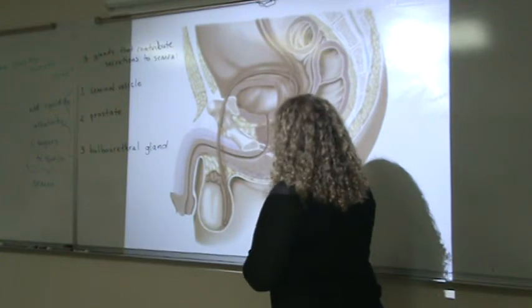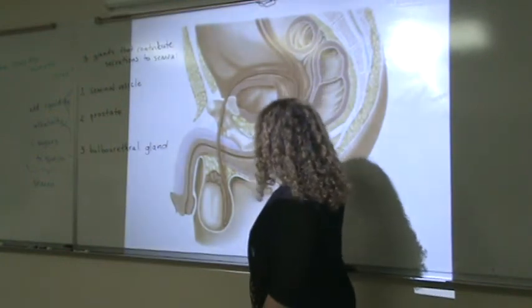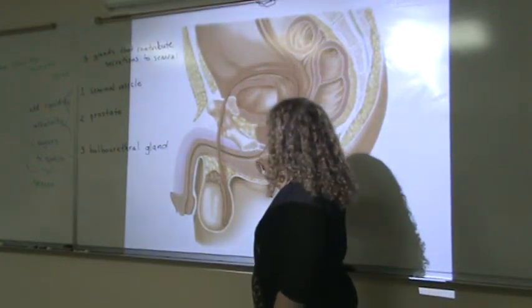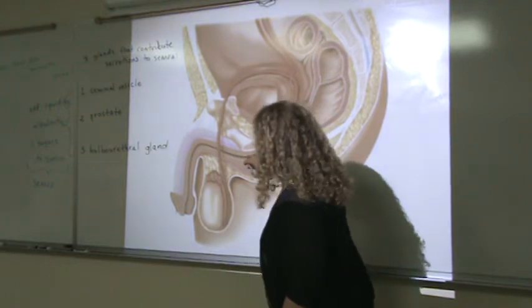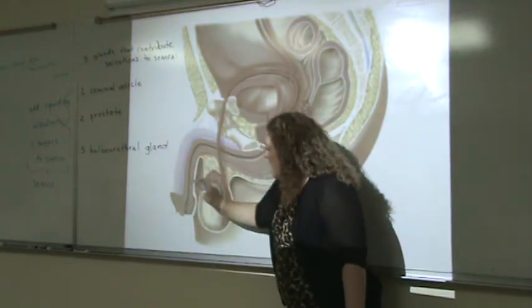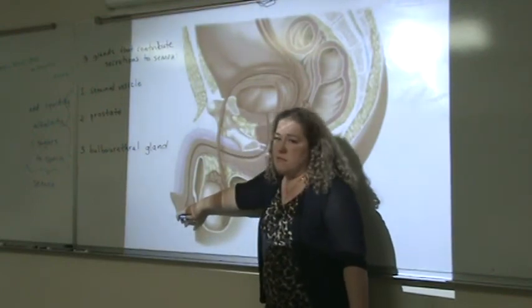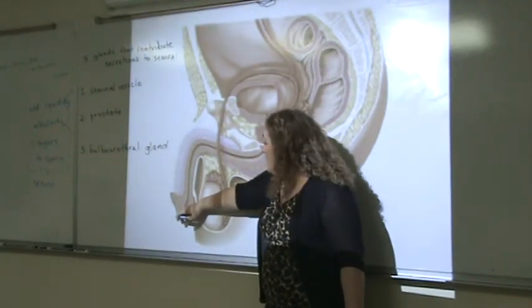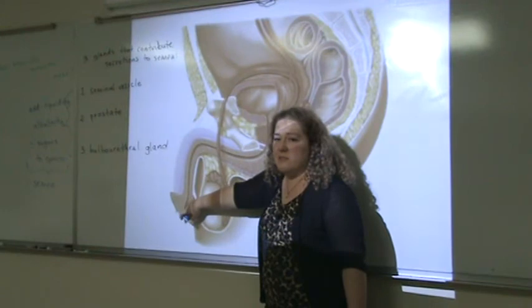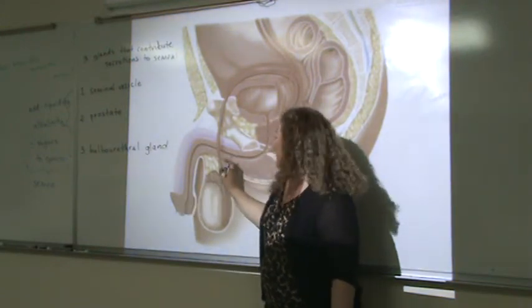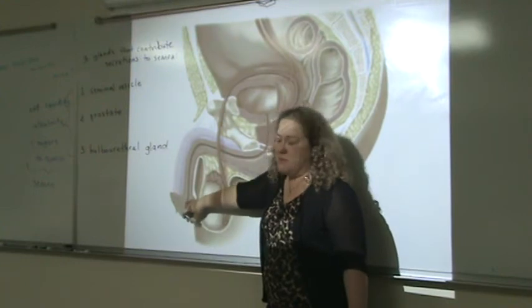So by the time that sperm passes through here, you have semen, and the semen will proceed on through the urethra. It's men that pee out of their reproductive channel. So semen or urine could be coming through here.